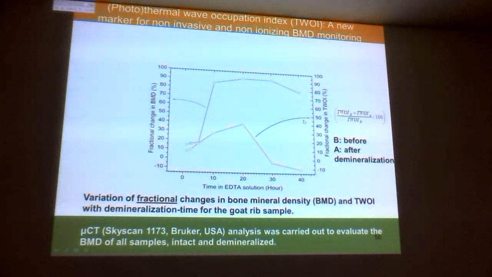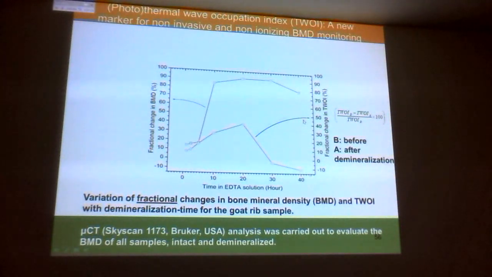This is the fractional change: the before etching, we etch the bone, before etching minus after etching divided by before etching times 100. That gives you an idea of how the bone changes after a change in the density has occurred, which is demineralization. These fractional changes show how consistent it is with an independent measurement, where we use a SkyScan 1173 Bruker micro CT.